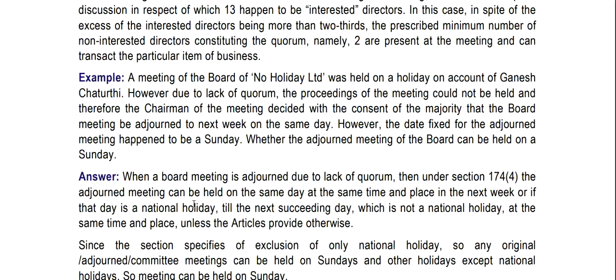Since the section specifies the exclusion of only national holidays, adjourned meetings can be held on Sundays and other holidays except national holidays. So the meeting can be held on Sunday. Sunday is not a national holiday, it is a public holiday. Even though it is a public holiday, it can be done. Only in the case of a national holiday, it will be moved to the next succeeding day.